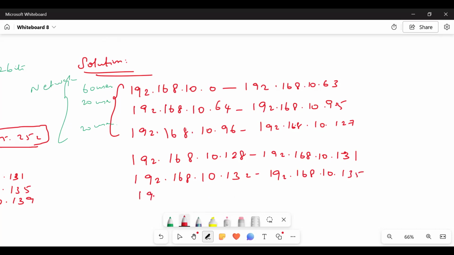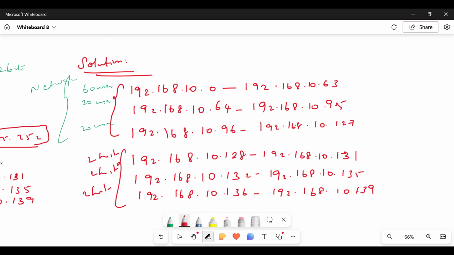Next, 192.168.10.136 to 192.168.10.139. So all this is for 2 hosts. That is for the crossover links.